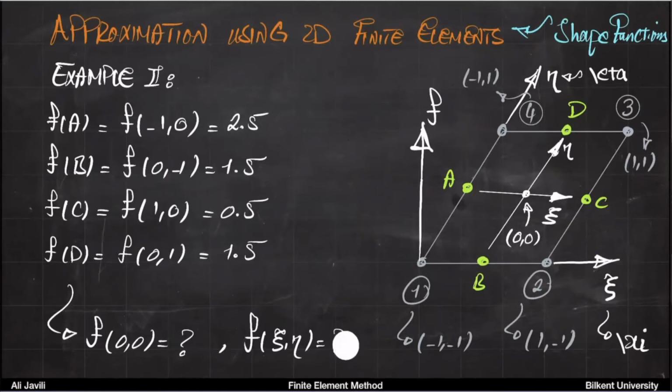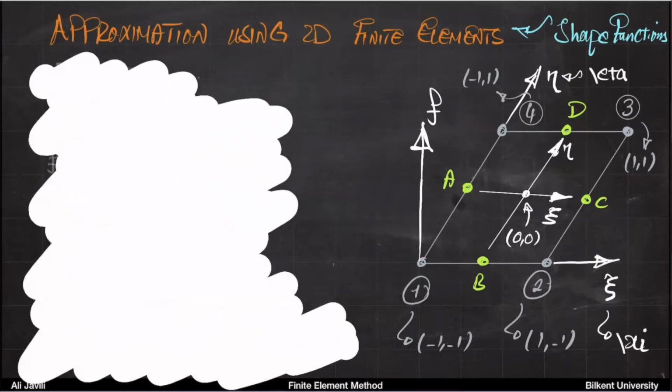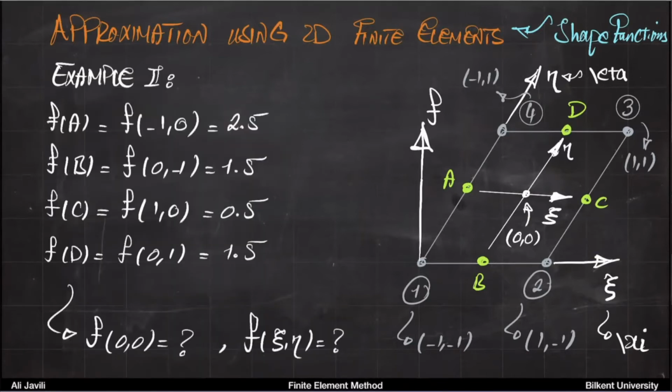Okay, so what I want to do is to use shape functions to answer this question. And again, I think you can see it here. You could define that function f as the sum of Ni Fi.